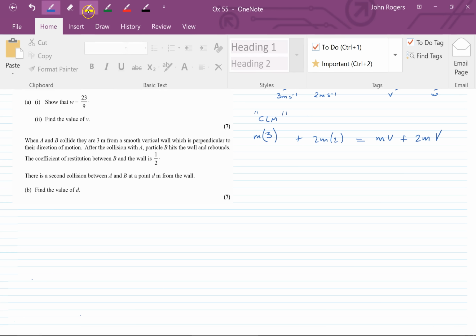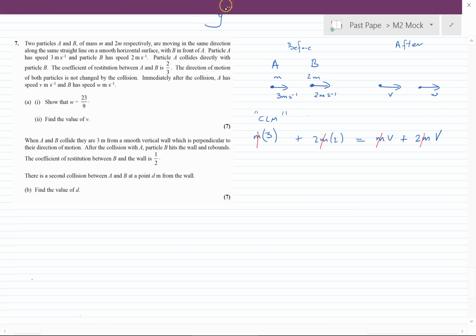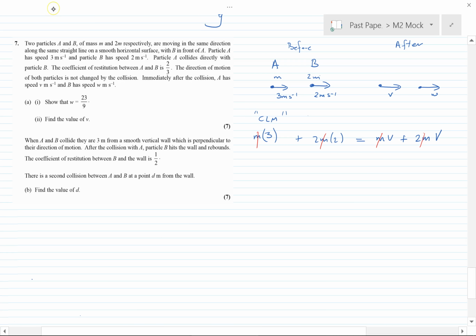Now m cancels, and we end up, that's 3 plus 4, that's 7, is equal to v plus 2w. So that's our conservation of linear momentum equation.